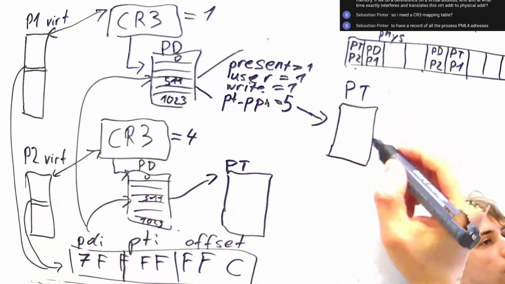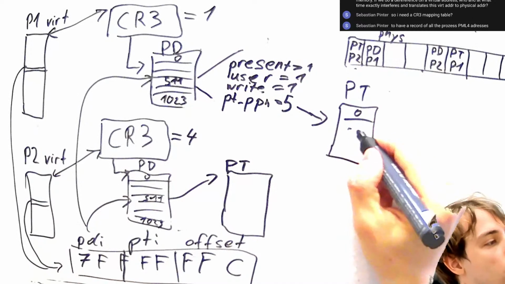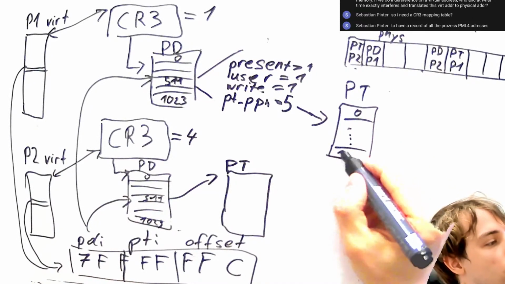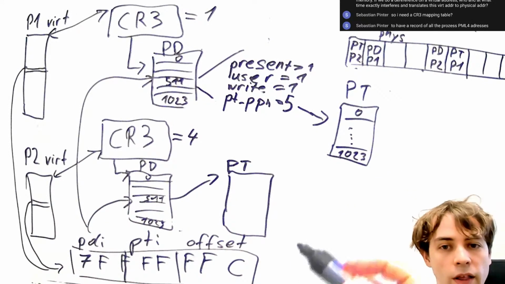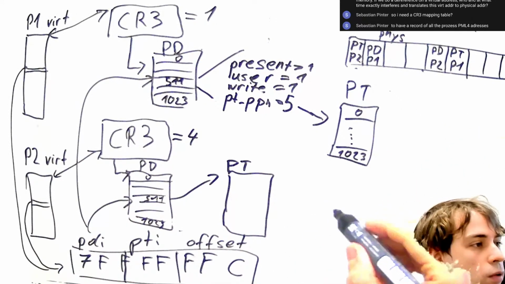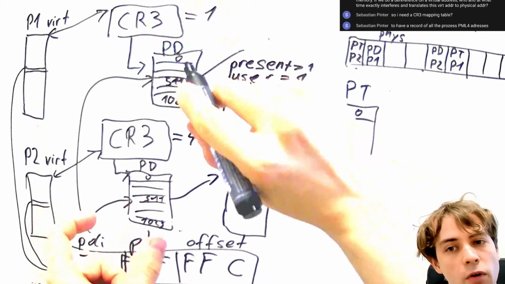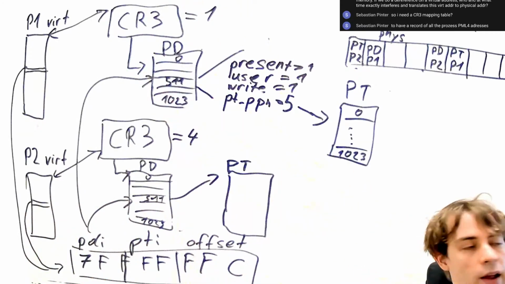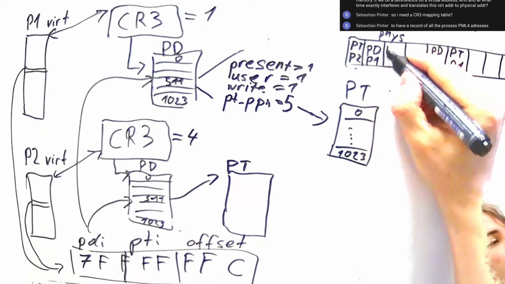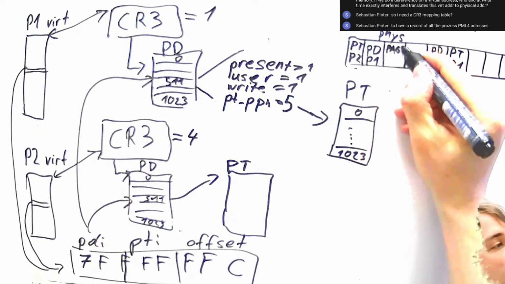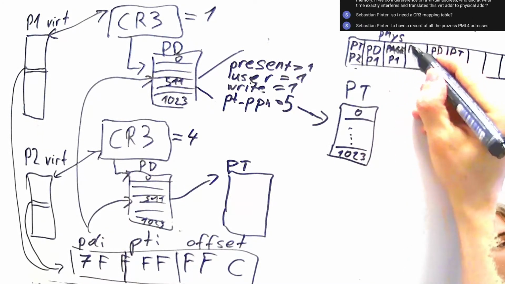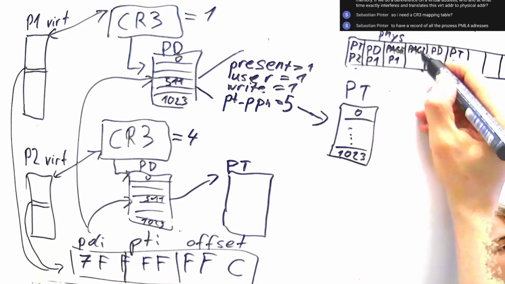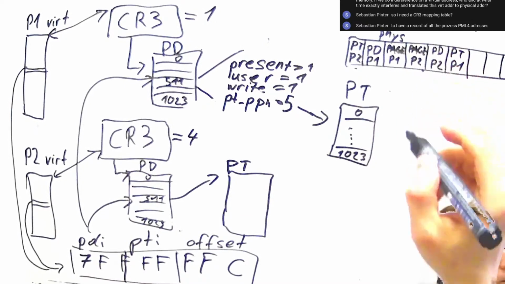Page table from 0 to 1023. And you can see that this goes to different physical addresses because it already started with different physical addresses. And then maybe we have here the page for process 1, and here the page for process 2.